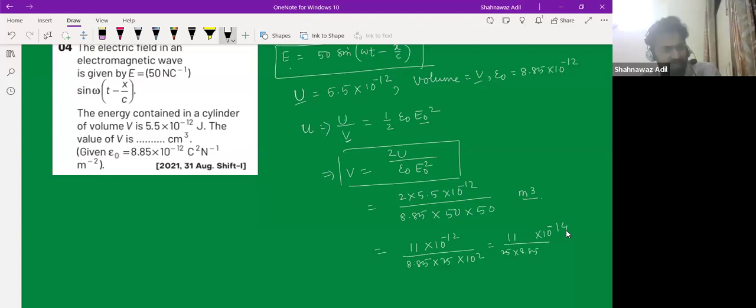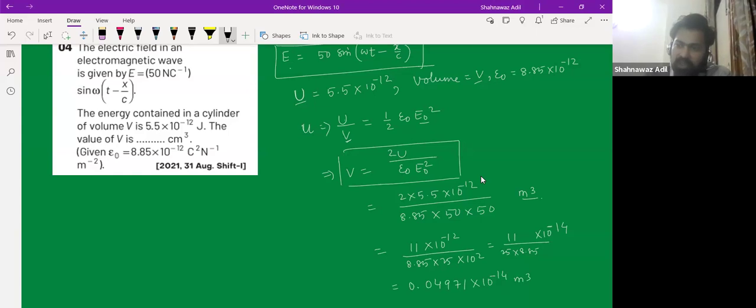So how much is 11 divided by 25 into 8.85? So 11 divided by 25 divided by 8.85 gives 0.04971 into 10 to the power minus 14 meter cube.